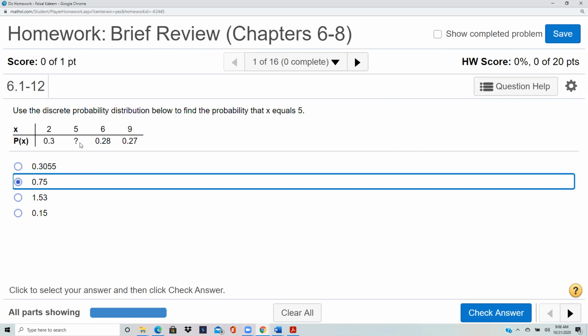So add these up. Let's see. It would be 0.15.